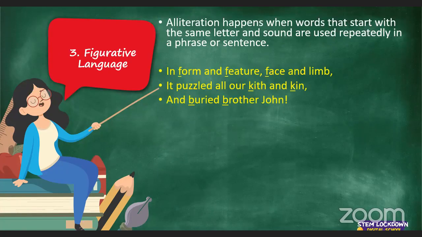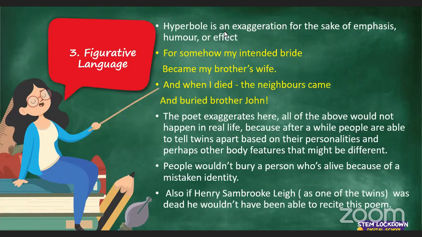If you are saying that something is a hyperbole or alliteration, you must go to the poem and quote it and say that you are saying it's a hyperbole because it is an exaggeration and it emphasized humor, or whatever it is that you think it had emphasized.